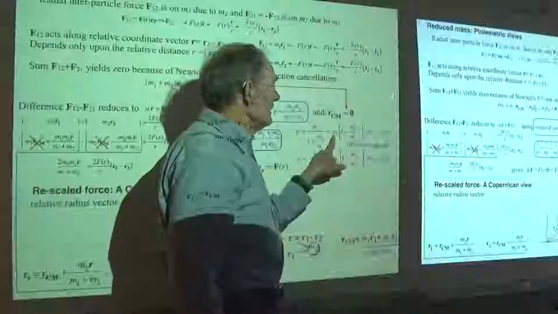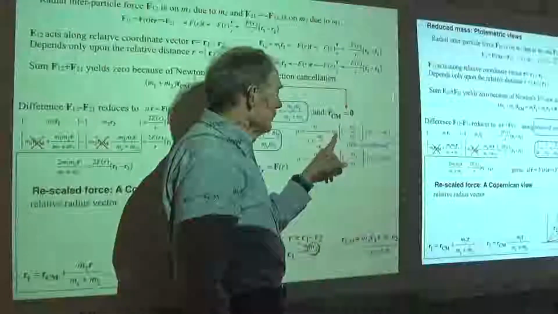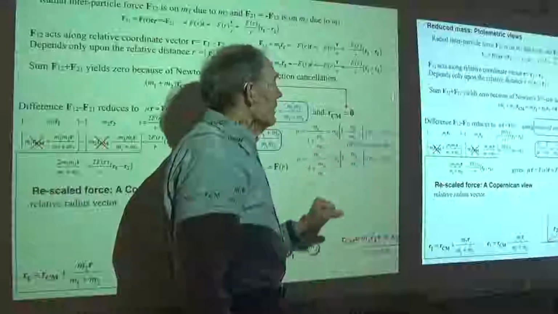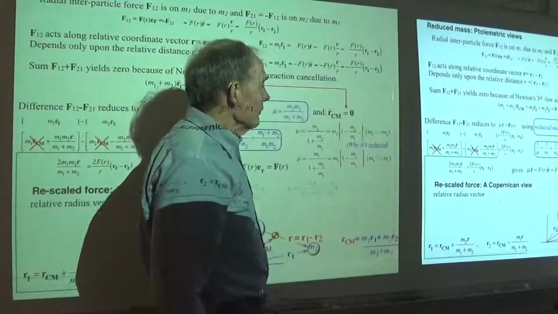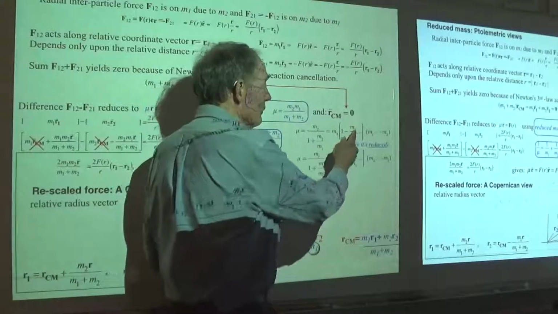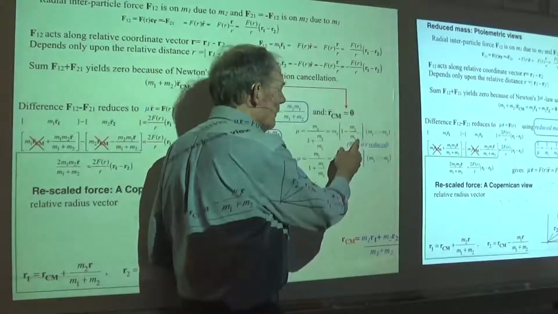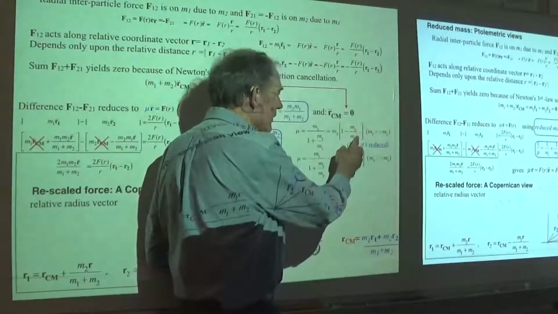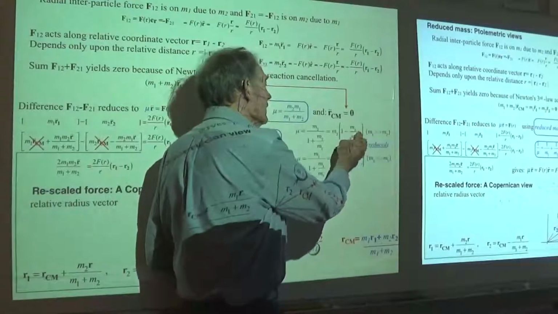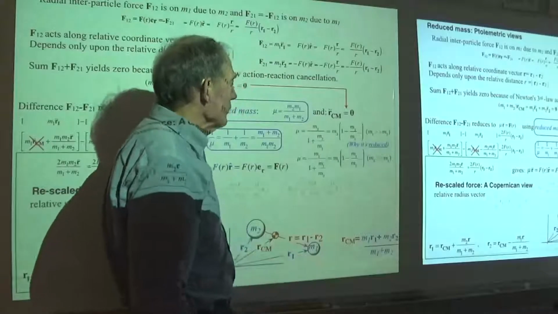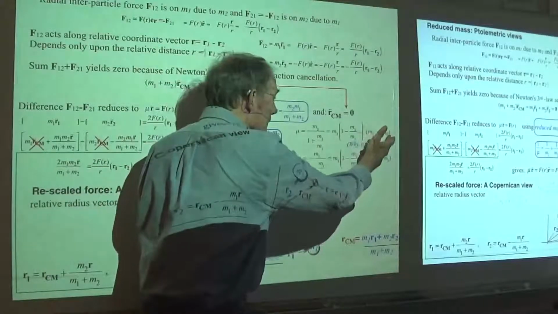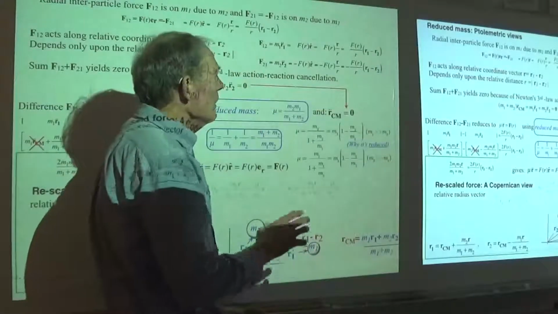It's just slightly less than M2. M2 here is just a little bit less. It's being multiplied by this factor. And if M2 is really much less than M1, okay, it's vanishingly small, so this thing approaches M2. That's what we're talking about for M2 that's small.